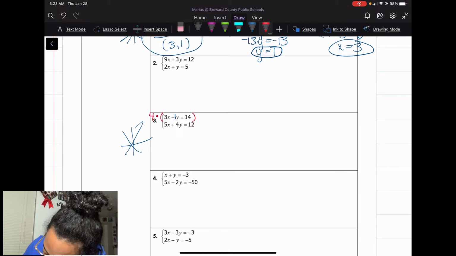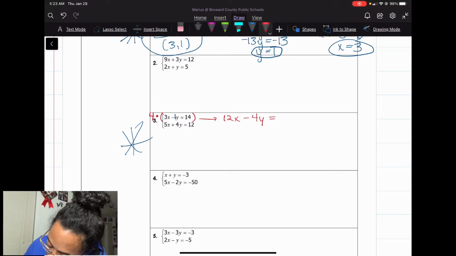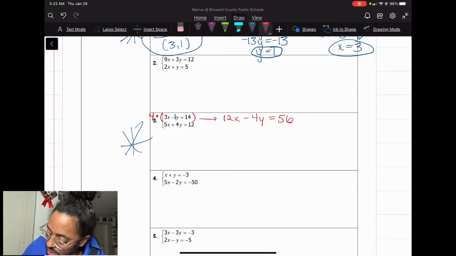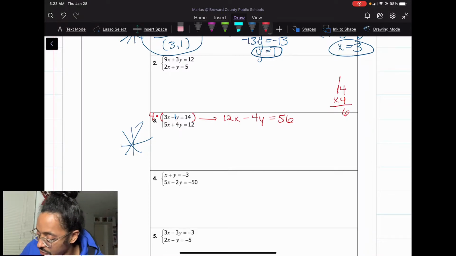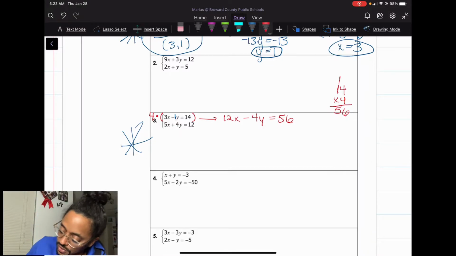When I do that, +4 times 3x is 12x. +4 times -1y is -4y. And 4 times 14 is... 64. No, 56, 56. But let's double check that real quick. 14 times 4, that's 16, carry that. 1 times 4 is 4, plus that, 56. All right, so we're good to go.